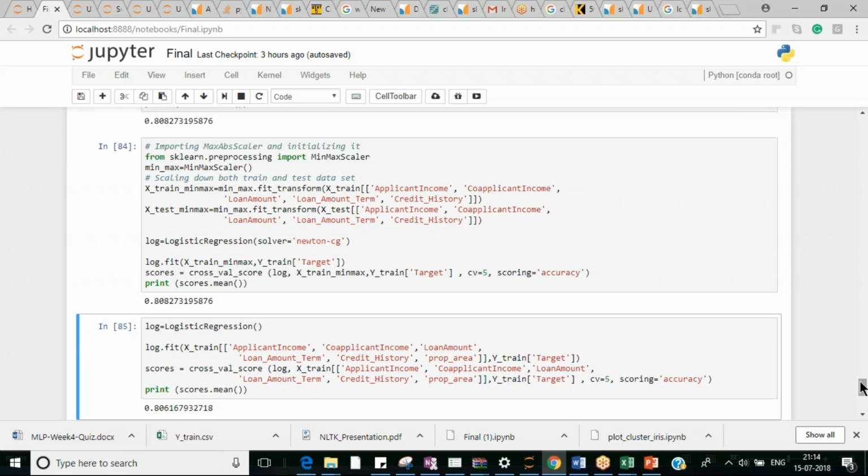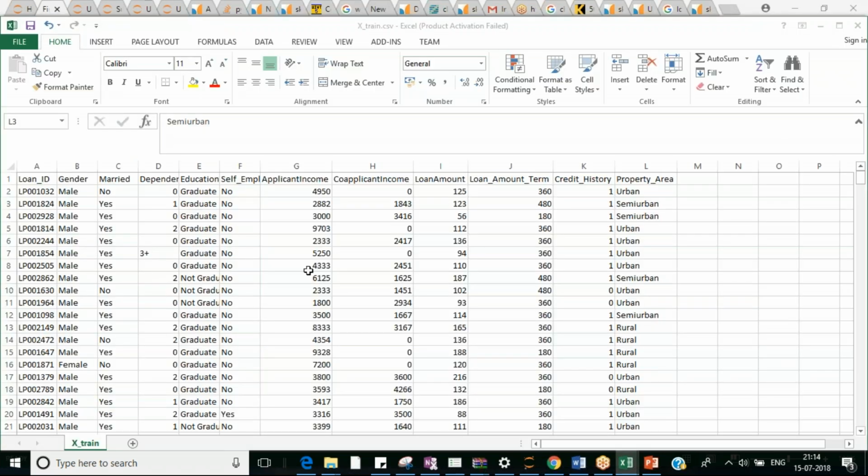When I see the data, for example, let's see the data once. If you take the rural area people, let's say you have another column, strictness of documentation.